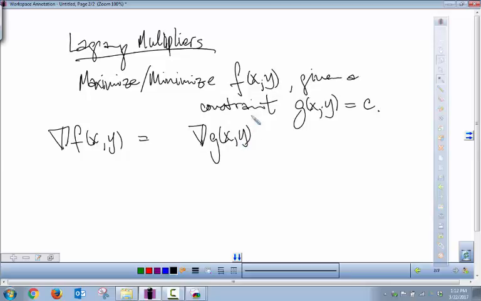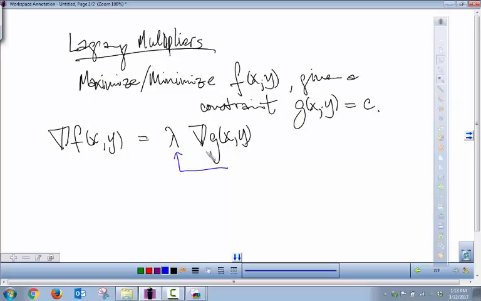And we have two vectors that are parallel if one of them is a scalar multiple of the other. Right? So if we take g, for example, and then we just multiply it by a scalar, then we can say that these two vectors are parallel.